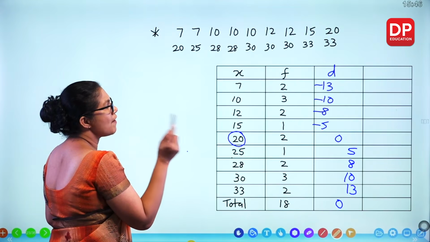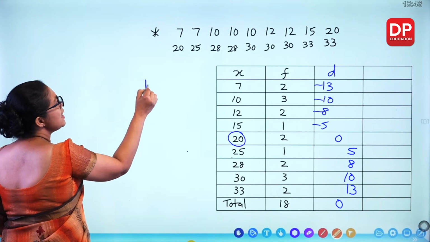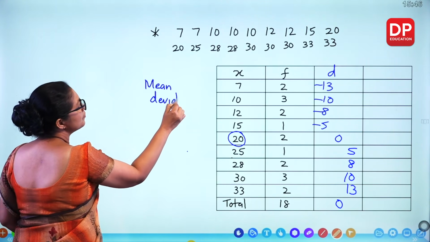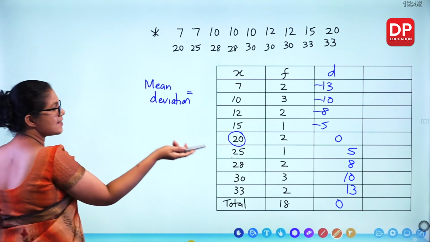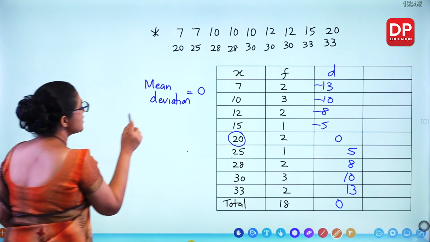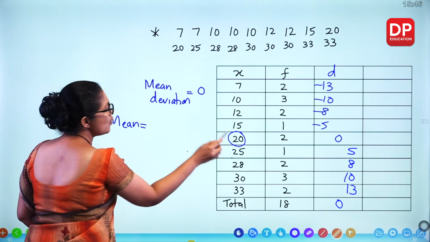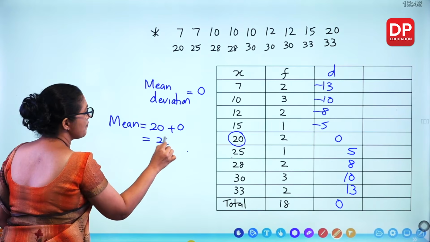So how can we find the mean deviation? Mean deviation is total sigma D, which is 0. 0 divided by frequency is 0. So what's the actual mean? Actual mean is assumed mean 20 plus 0, you get 20.